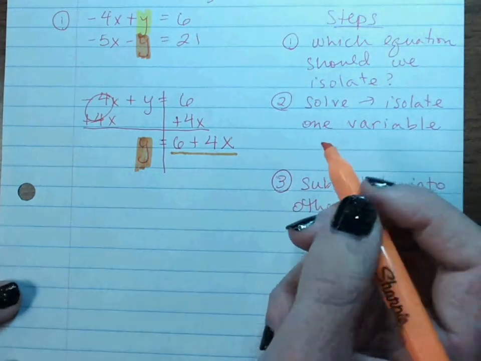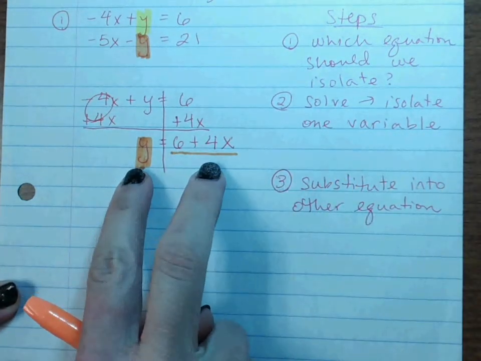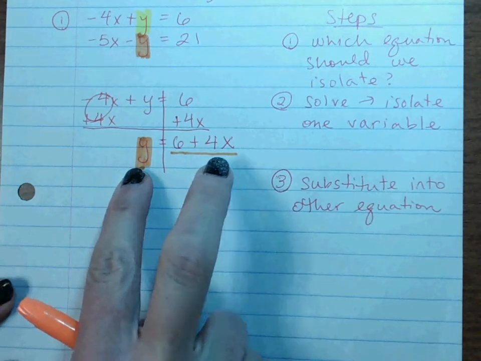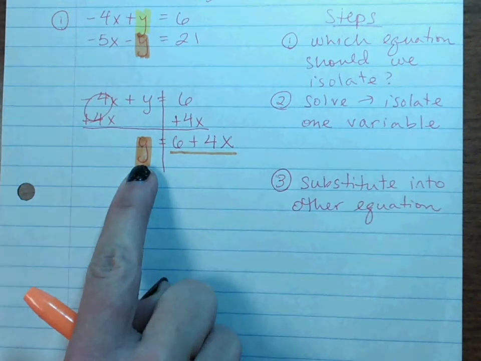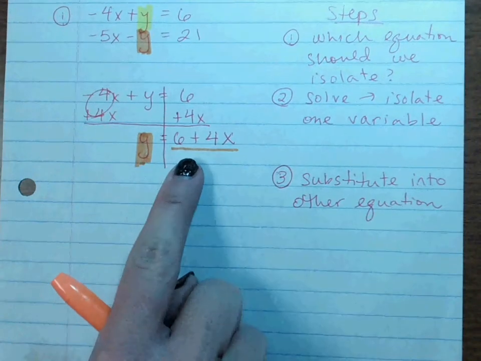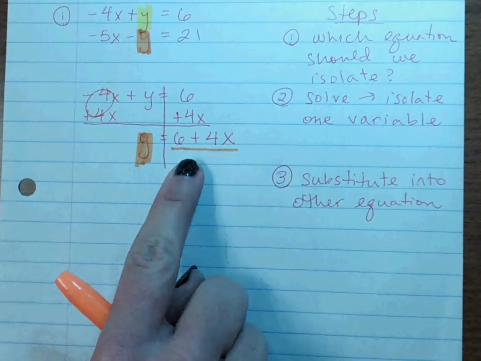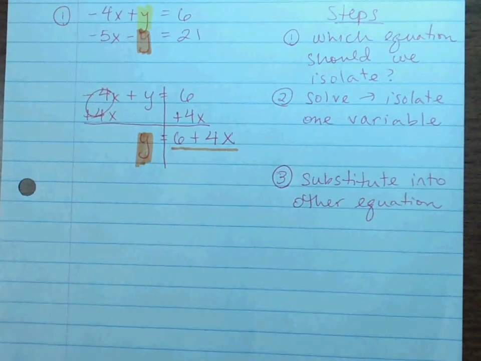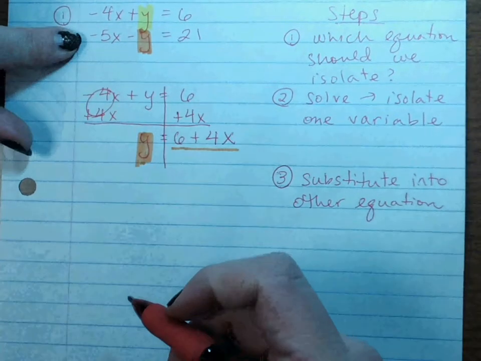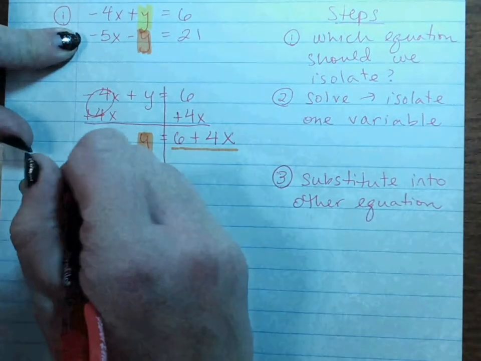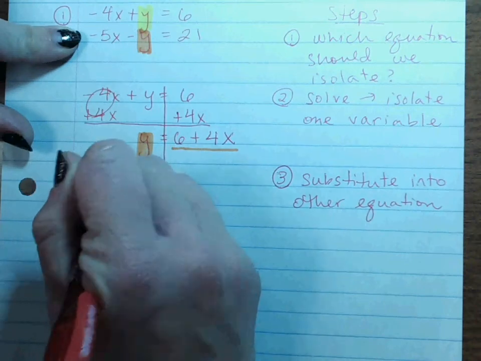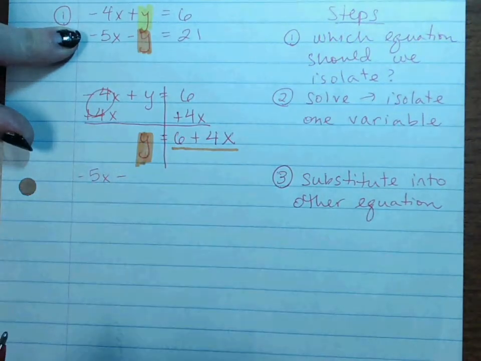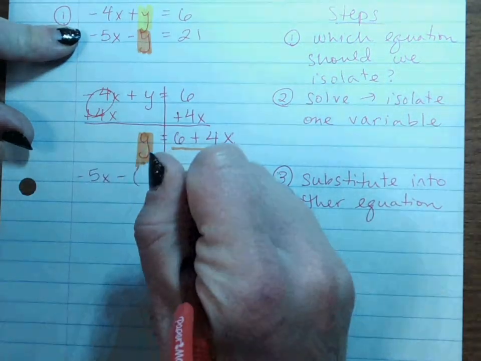6 plus 4x. Because if y is equal to 6 plus 4x, that means anywhere I see a y, I can take it out, and I can put a 6 plus 4x in its place. So for step 3, I'm going to write down our second equation, which was negative 5x minus, now instead of y, I'm going to put parentheses.